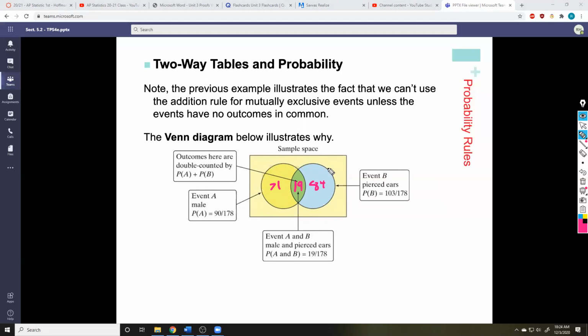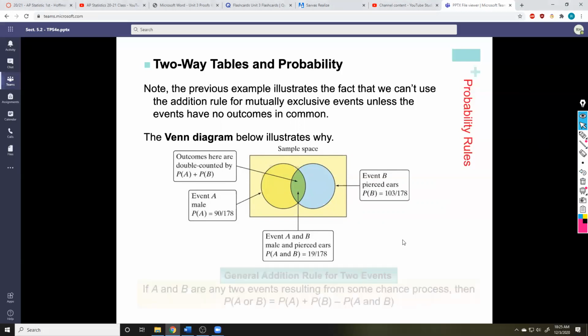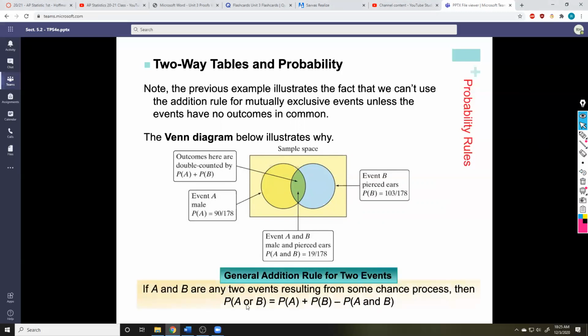So it matches those numbers that were in the table. And then out here, there's 4 that's in neither category. So whichever way you want to think about it as far as the visual or the Venn diagram, but the basic rule is probability of A or B is probability of A plus probability of B minus probability of both.